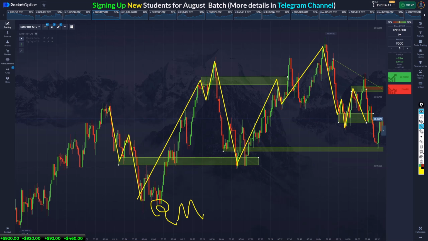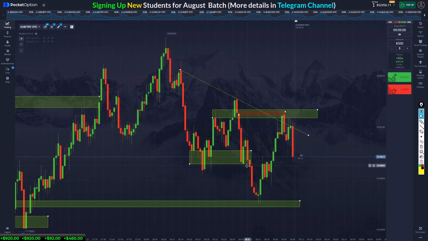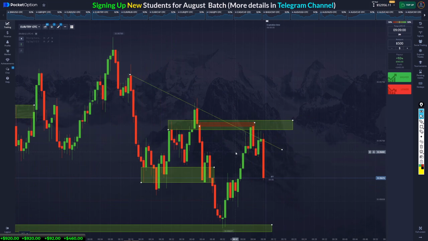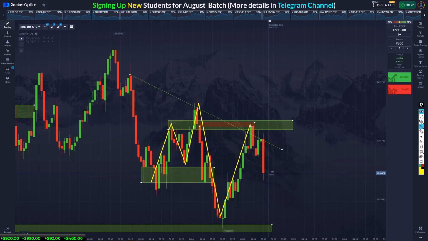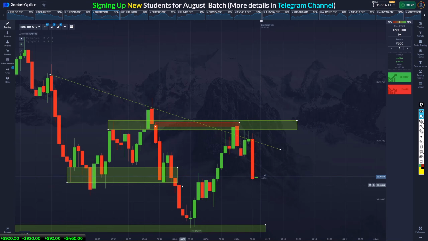Pretty much reacted from it. And again, it reacted from this QM, and now it reacted from this QM that we have marked. So basically the market moves like that.